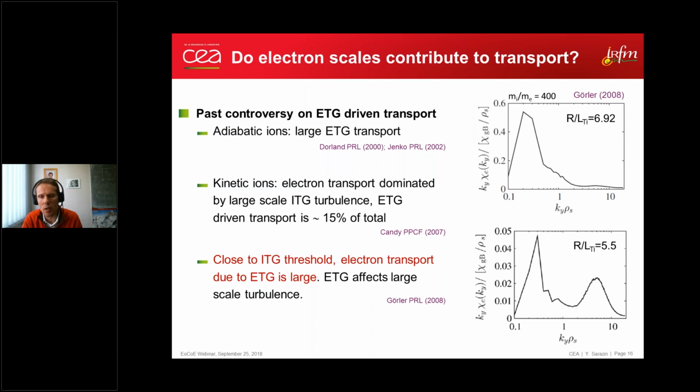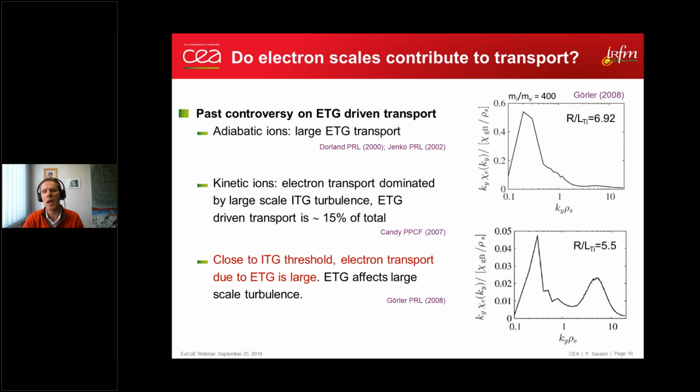And actually, we managed to understand this discrepancy between the two kinds of simulation by the fact that the second simulation, where ions were treated kinetically, allowed for the interplay between the ion scale and the electron scale, which was not the case in the first simulation which was performed.